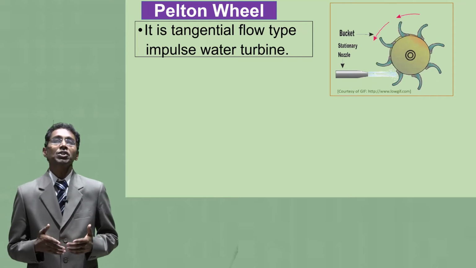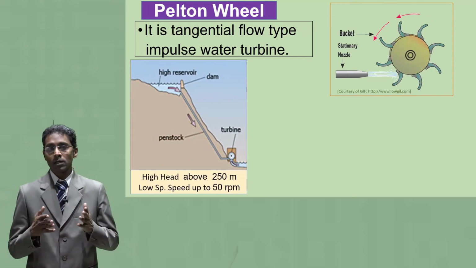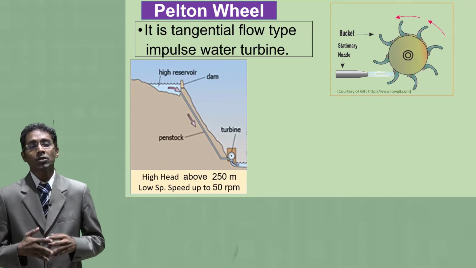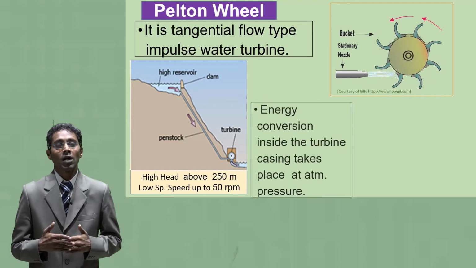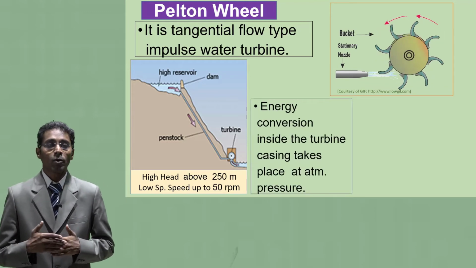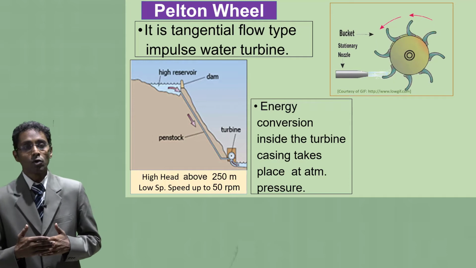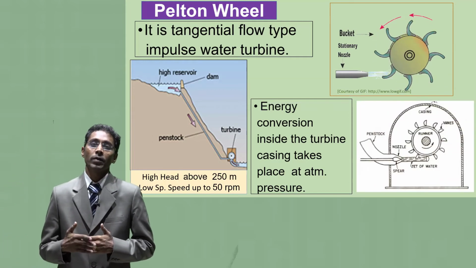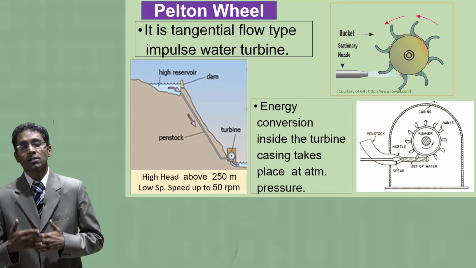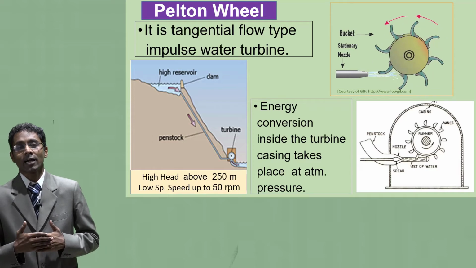It is a tangential flow type impulse turbine. It is especially suitable for high head, that is about 250 meter, and low specific speed, that is up to 50. Energy conversion inside the turbine casing takes place at atmospheric pressure.